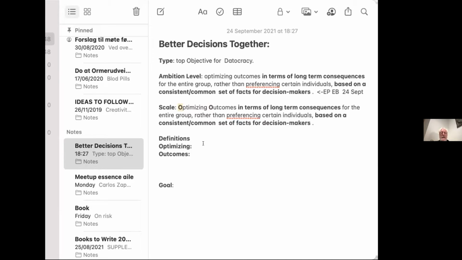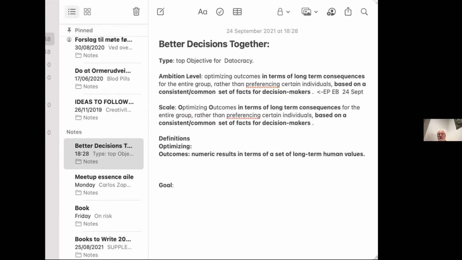Now, outcomes are numeric results in terms of a set of long-term, we'll call them human values. I just drafted something, but I put in human values on my own volition.